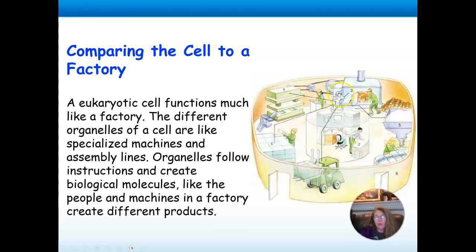As we go through here, I want you to keep this factory in mind, and then go back at the end and write the analogies for what you think each one is in terms of the cell. So what does number 5 represent? What does number 3 represent?